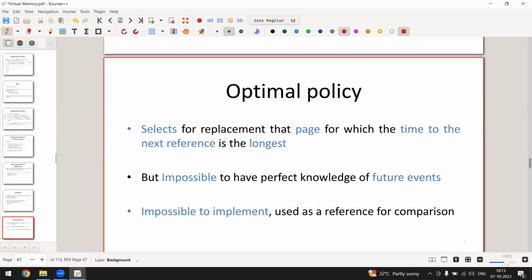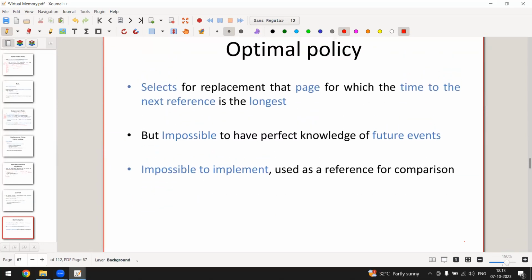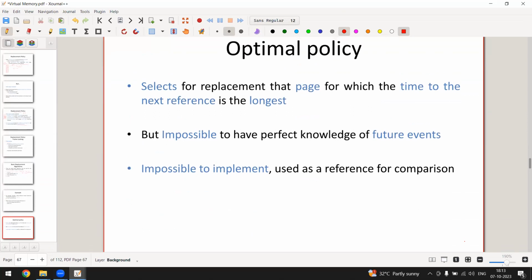Let's see. First, let's see the optimal policy. As I told you, it is only theory and cannot be realized in practice. The optimal policy selects for replacement the page for which the time to the next reference is the longest. So basically I have to see the future and tell whether this particular page is going to be referenced in the future or not.